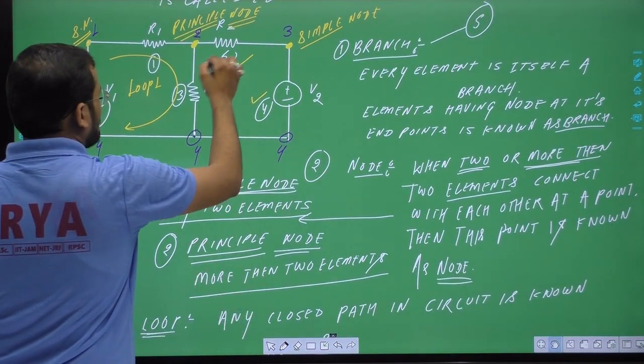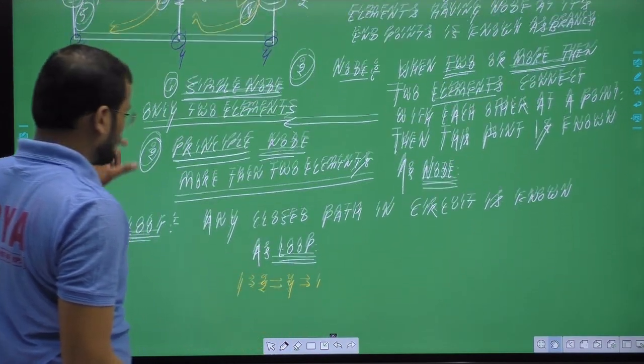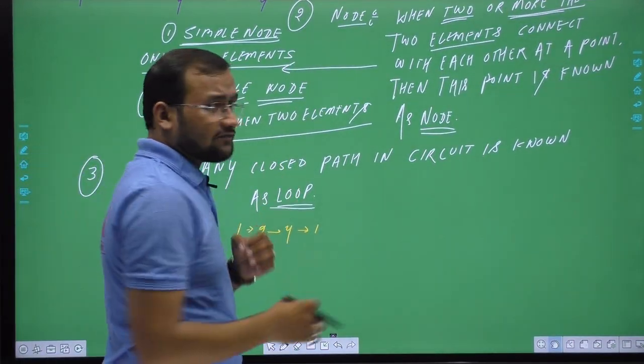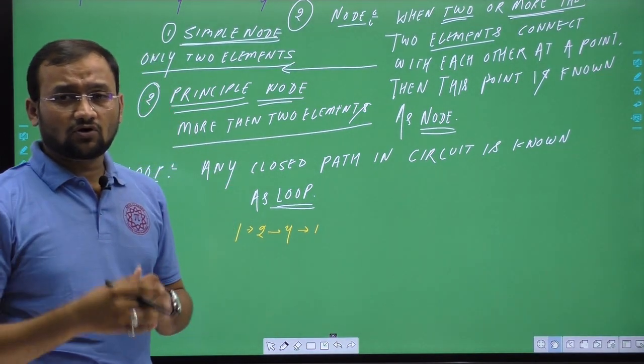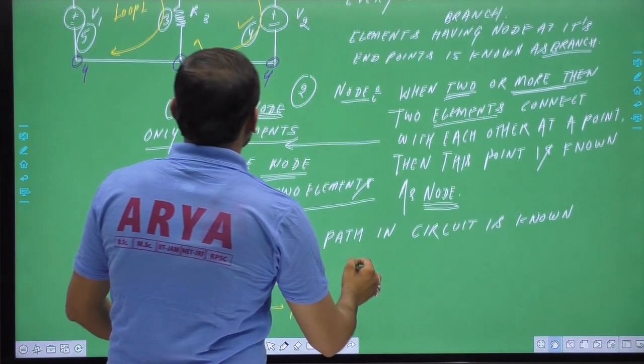Second loop: 2 to 3, 3 to 4 and 4 to 2. If we start with the same node and end at the same node, we obtain a closed loop.